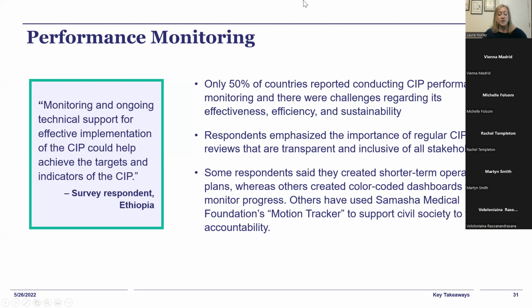Some respondents said they created shorter-term operational plans, whereas others created color-coded dashboards to monitor progress. Others used Samasha Medical Foundation's motion tracker to support civil society to foster accountability to ensure CIP investment and implementation.